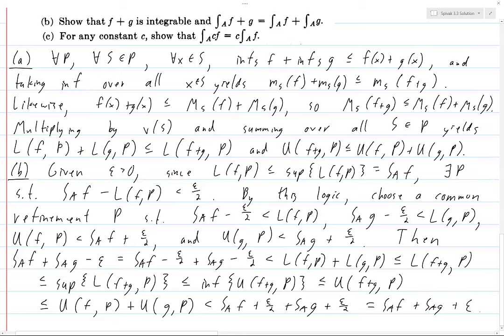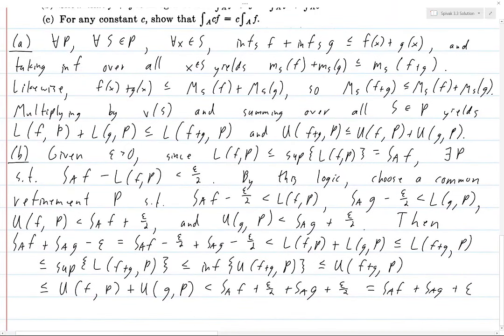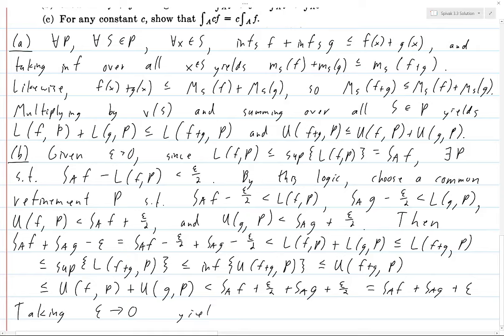And now we're good to go, because taking epsilon to 0 tells us that f plus g is integrable. If we take epsilon to 0, then this string of inequalities becomes equality.